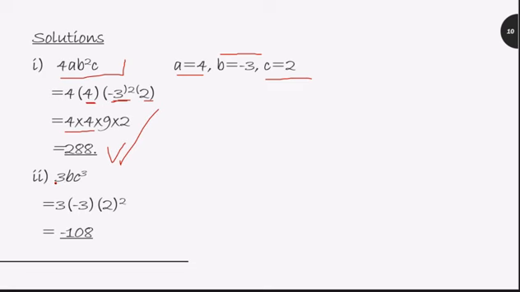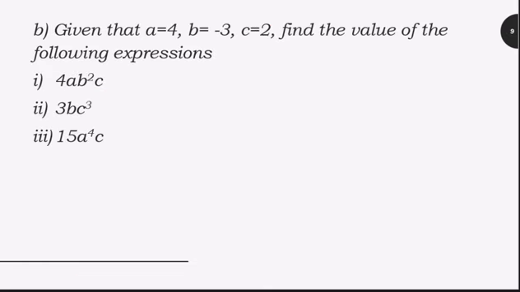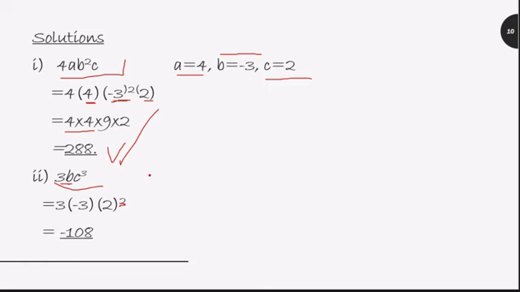3bc cubed. Same order, same procedure. 3, and since b is negative 3, we put negative 3 here, and we have c cubed. There's a mistake somewhere here.